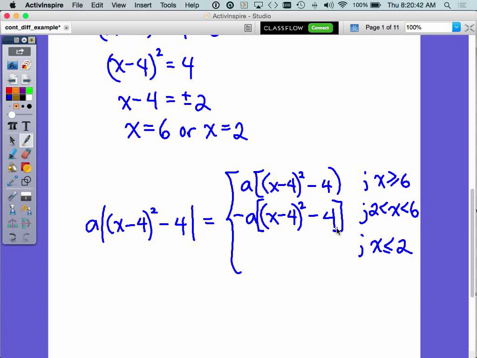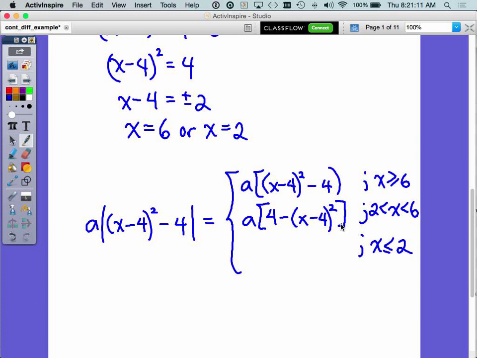A better way of doing that would be to say, let's take the negative inside, and this will just become a positive, and this will become a negative. So it would have been a little bit nicer had we written this like this: positive a times 4 minus x minus 4 squared. That's the same thing, it's just a little bit cleaner.